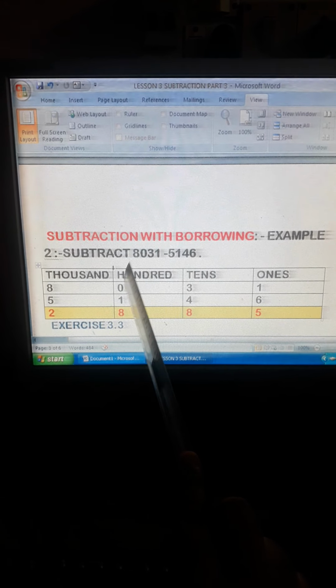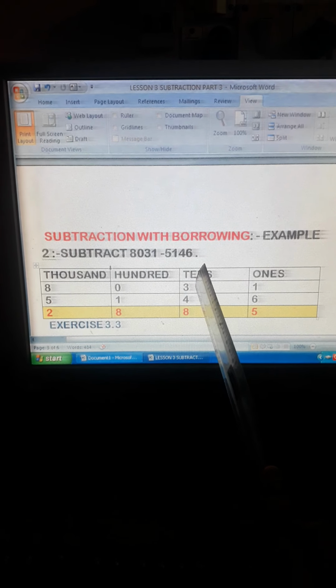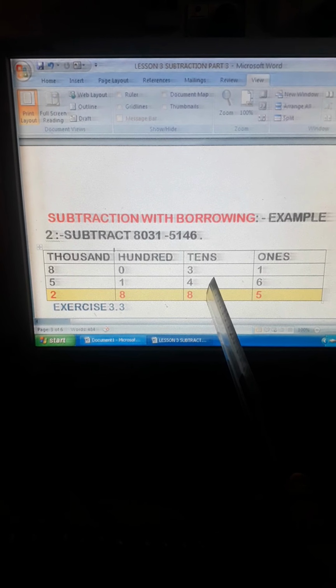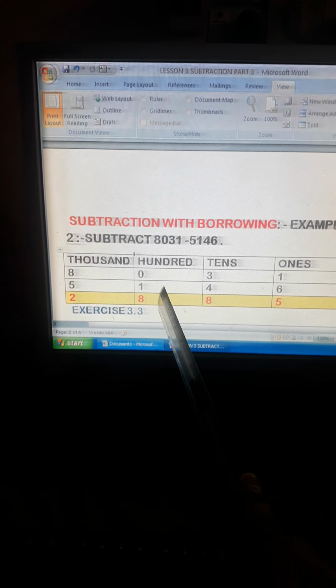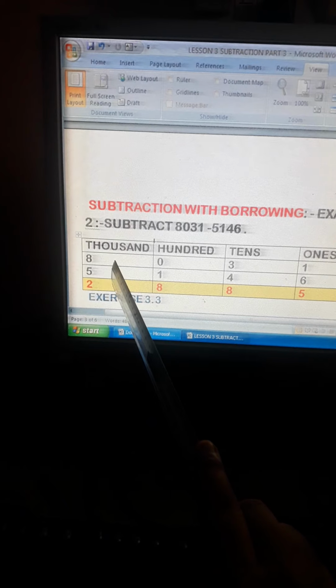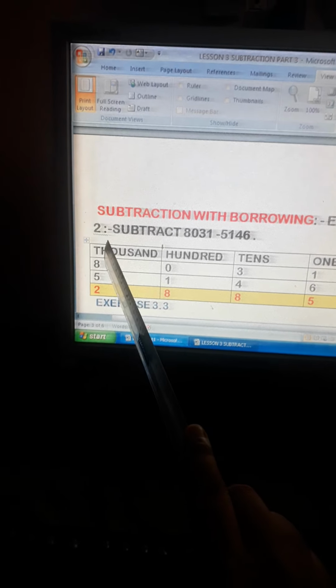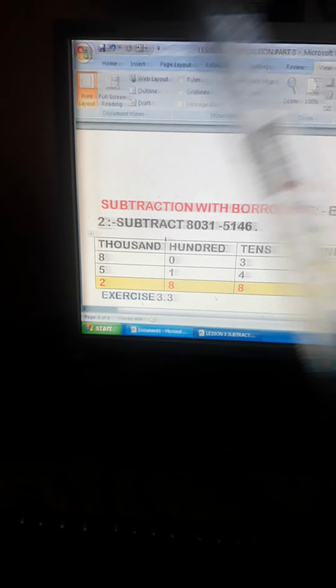So this digit will be 9 and it will become 12. 12 minus 4 is 8 and 9 minus 1 is 8. 7 minus 5 is 2, as we have already given here. So it becomes 7. 7 minus 5 is 2.